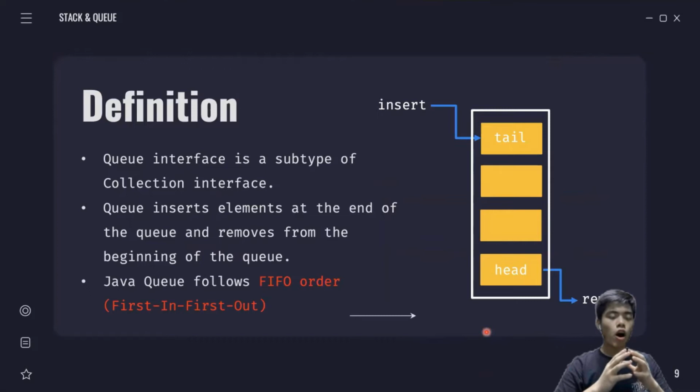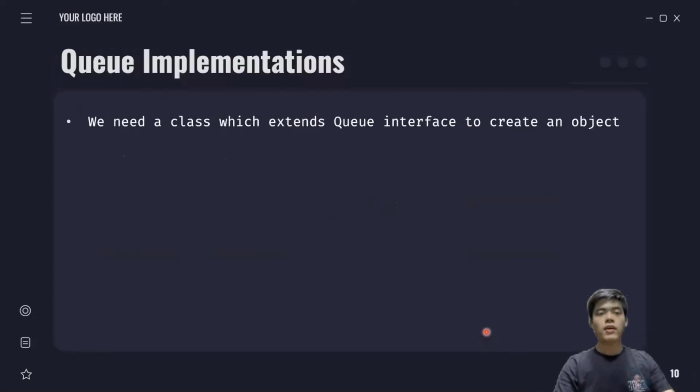Java queue represents an ordered list of elements. Java queue follows first in, first out, or in short, FIFO, order to insert and remove its elements. Java queue supports all the methods of collections interface. About queue implementations, since queue is an interface, if you remember, objects cannot be created of this type.